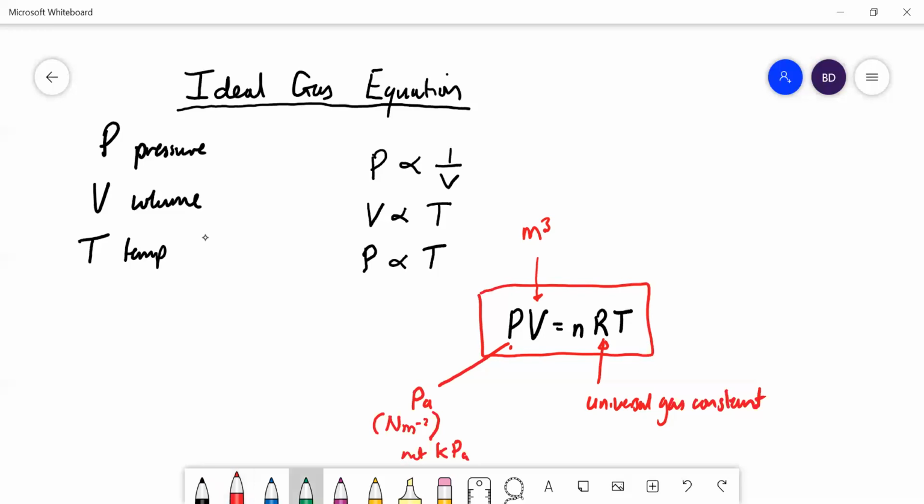And then temperature. Temperature is not measured in degrees C, it's measured in Kelvin. The Kelvin scale is based on the fact that there is a temperature when all the molecules stop. As you cool something down, the molecules will vibrate less and less, and eventually when they've got no energy, that is the lowest possible temperature, and you can't have any temperature lower than that.